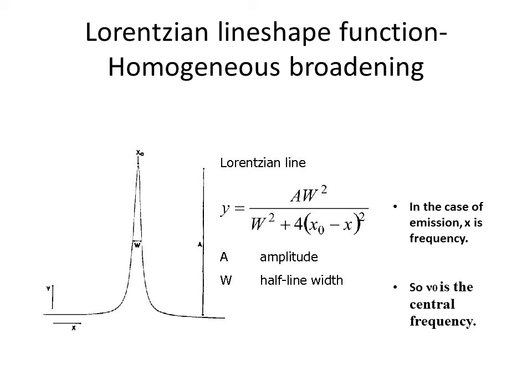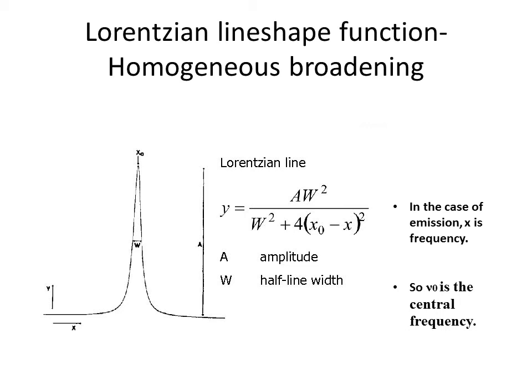So in the case of laser output, instead of y you have I, which is the intensity of the transition, or the intensity of the output. And on the right side in the denominator, instead of x0 minus x, you have nu 0 minus nu, where nu 0 is the central frequency and nu is all other possible frequencies. And a term like nu 0 minus nu the whole square should be present in the denominator, and there will be other constants also, which we will learn later.